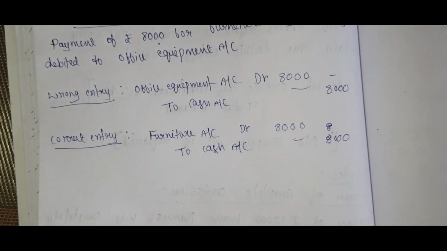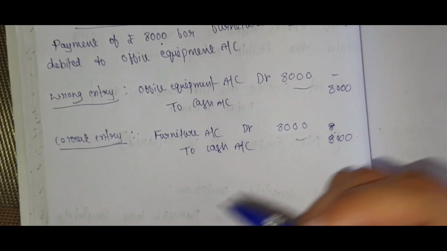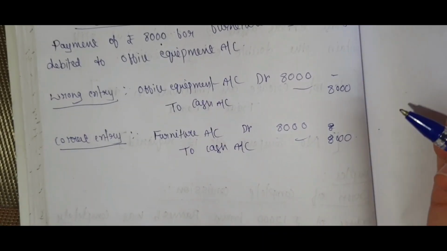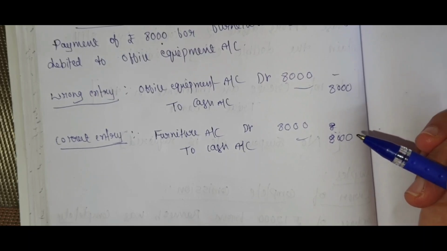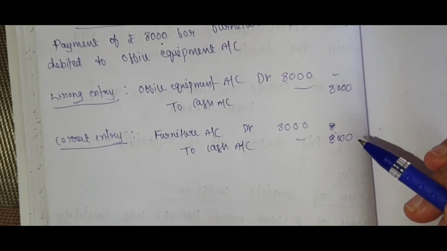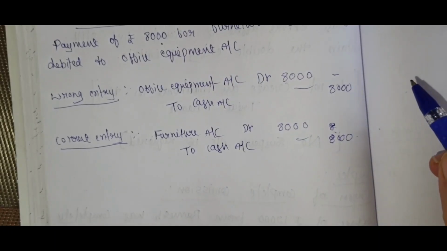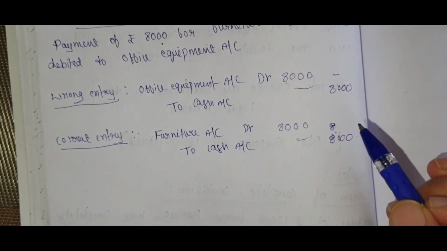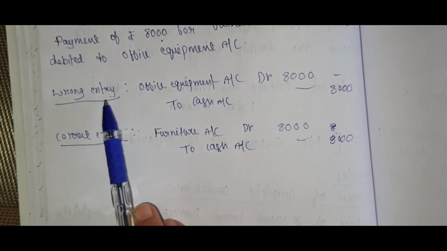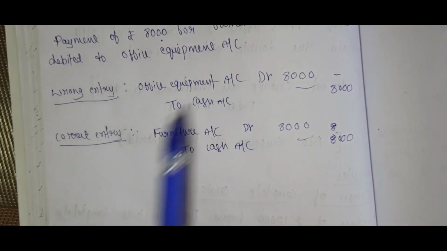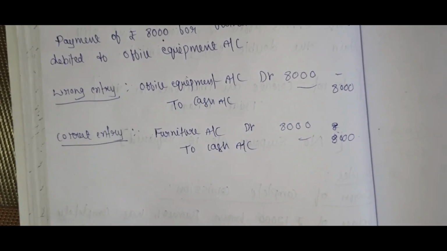And it is a two-sided error, because there is an error in debit and credit. This two-sided error does not imbalance the trial balance, and we do not require a suspense account here. So the wrong entry is office equipment account debit to cash account, and the correct entry is furniture account debit to cash account.